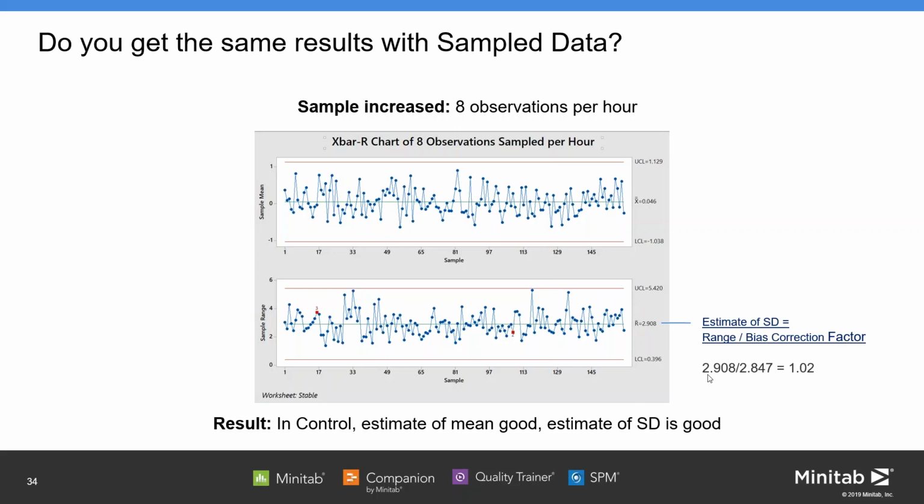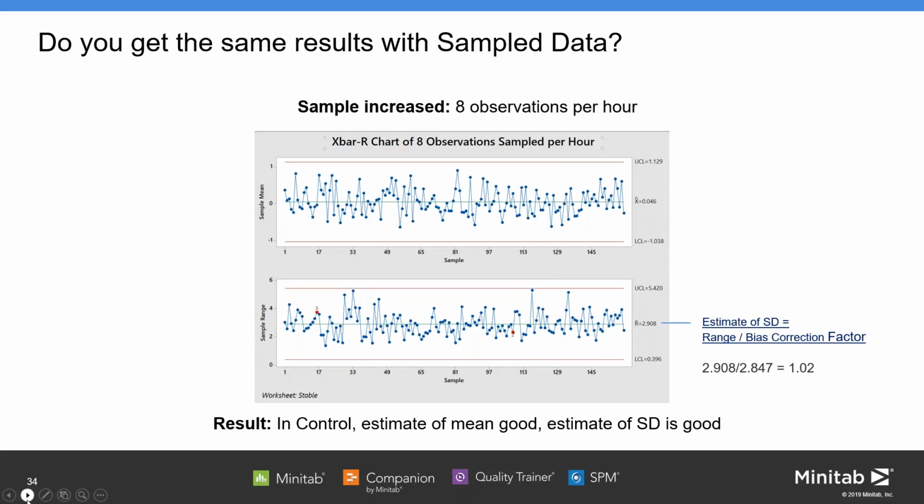And you can see here 2.908 divided by 2.847, which is this bias correction factor, gives me a value of 1.02. A pretty good estimator of the standard deviation. So my results: I'm in control, the estimate of the mean is good, and the estimate of the standard deviation is good. So I can conclude that, yes, instead of using the full data, it would be reasonable to take a random sample of 8 observations per hour.